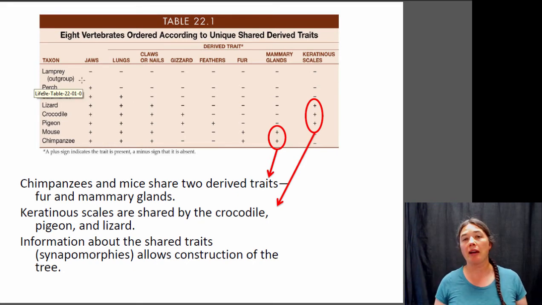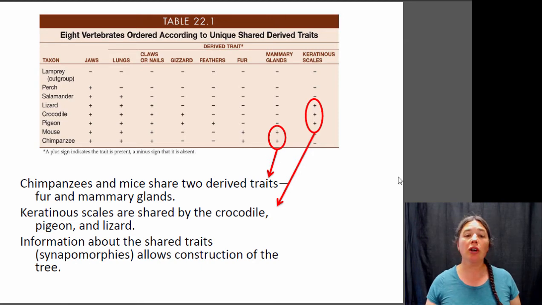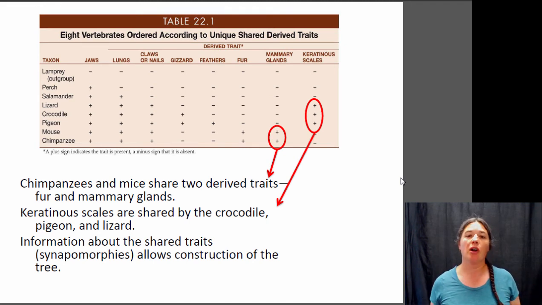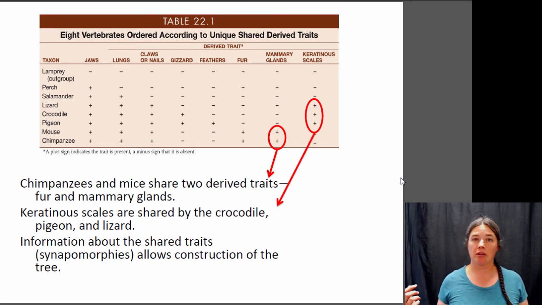The lamprey doesn't technically have a vertebra because it's not made out of bone, it's cartilaginous and it's a little bit weird. But you can look at traits within this group to figure out what animals within the group we're going to lump together. So you might look at something like mammary glands, which the chimpanzees and the mice both share, and that would indicate to you that those are more closely related.